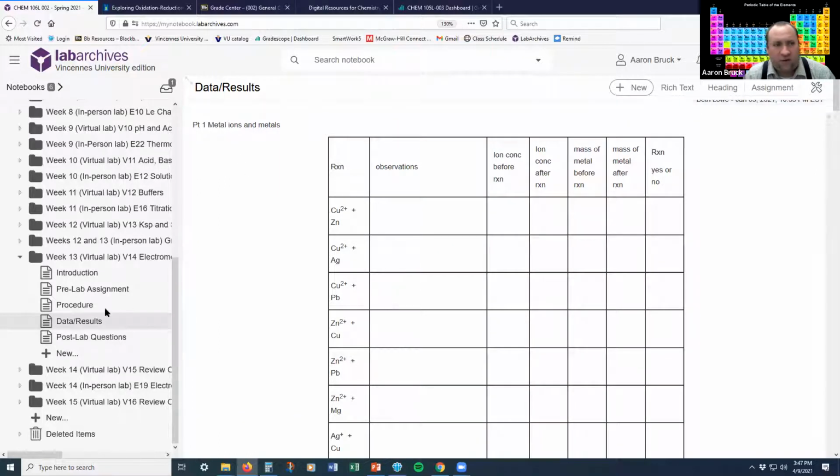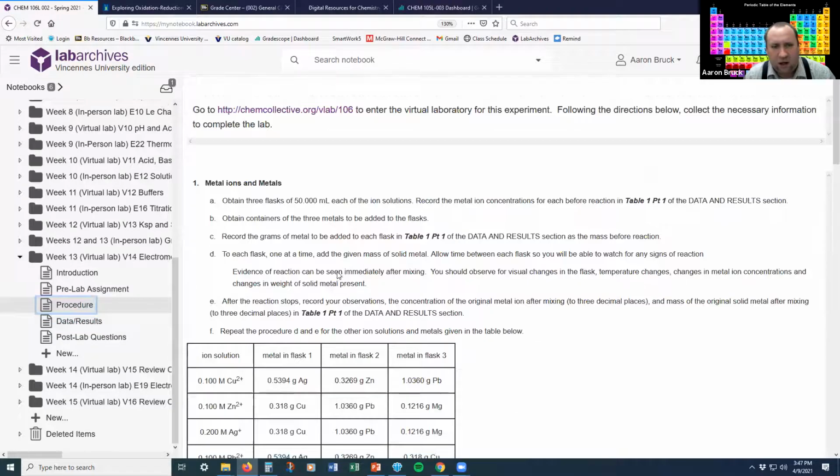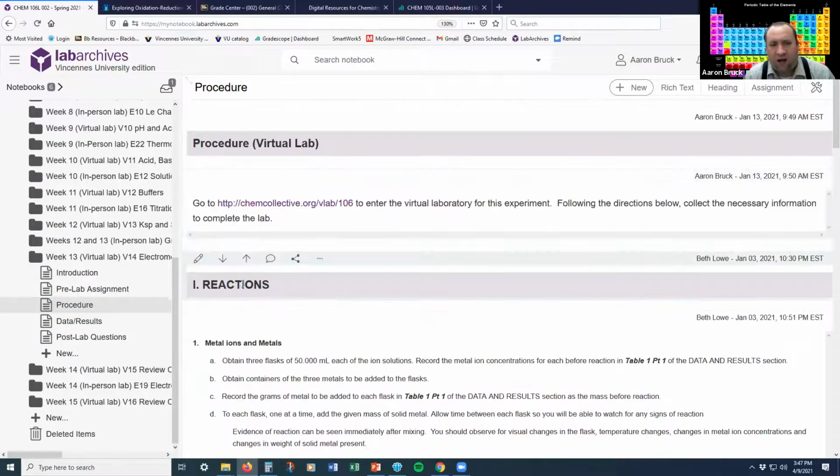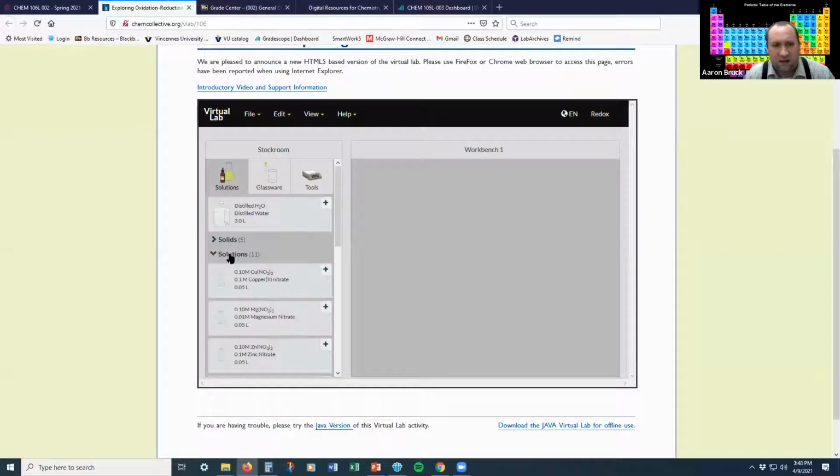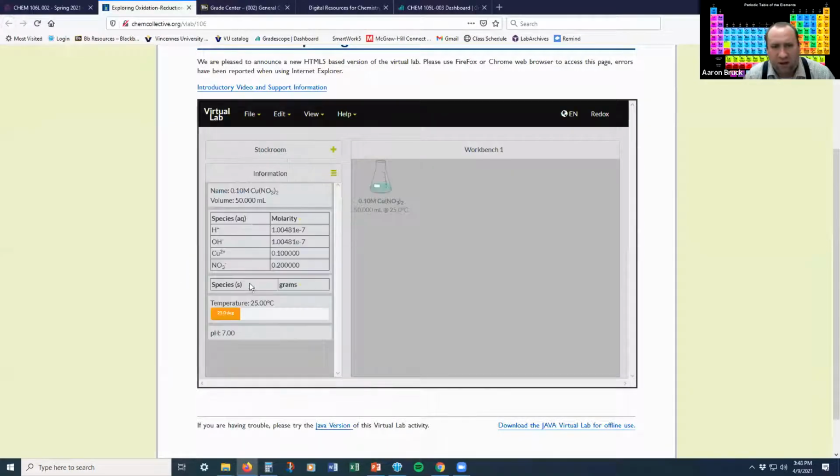So for the first set here, you are going to take copper ion solution, 0.1 molar copper 2+. So I'm going to find that one right here, and I am going to replicate it. So I now have 3 of these.